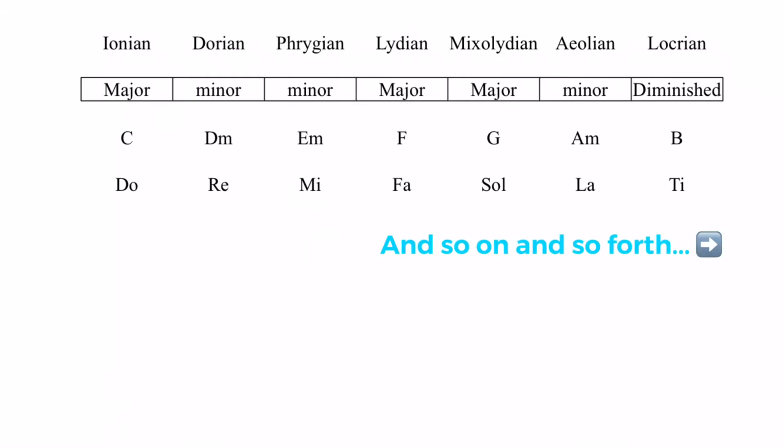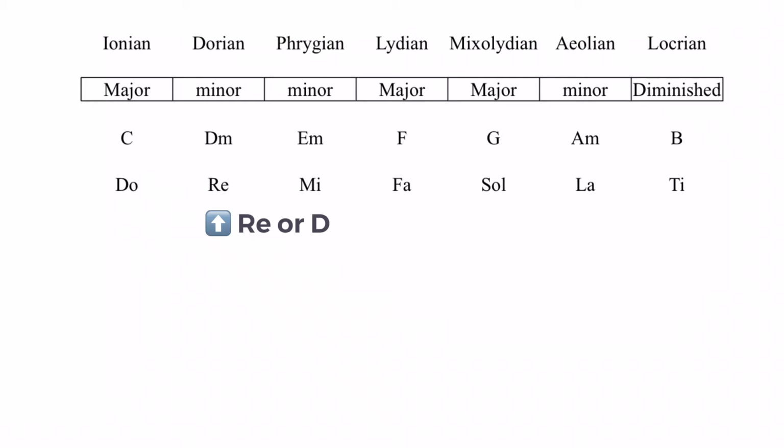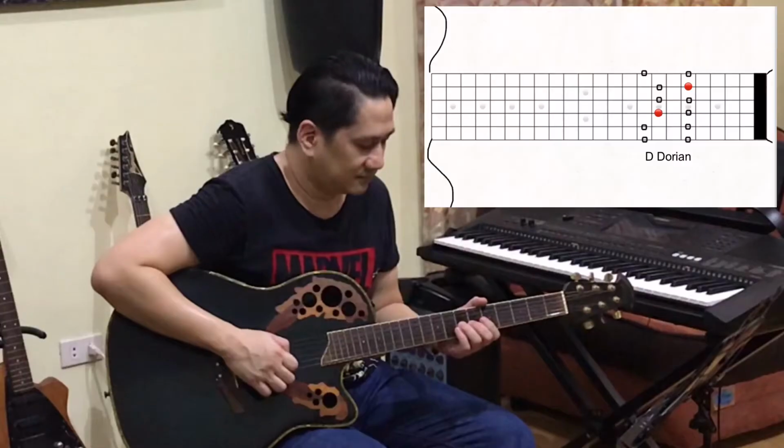So Dorian is Re. But notice that there is also a chord progression for C major. You should also start with a D minor. Even if I'm using the same scale, I will have to start with Re.